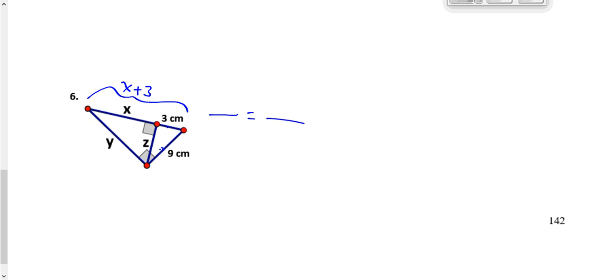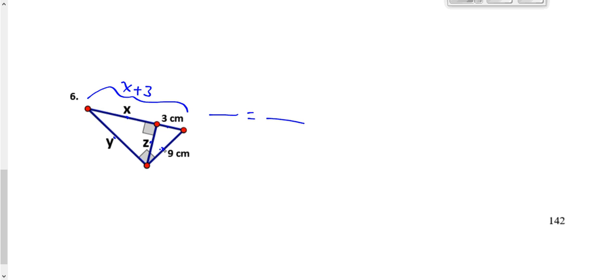So we're using the 9 to get our x, because it's the only thing else that has a number. So we have to use that case. I can't find my x using the case that uses this segment, because that's another variable. I can't find my x with the case that uses this side over here either, because that's another variable, right? So I have to get my x by using this side over here, which has a number.